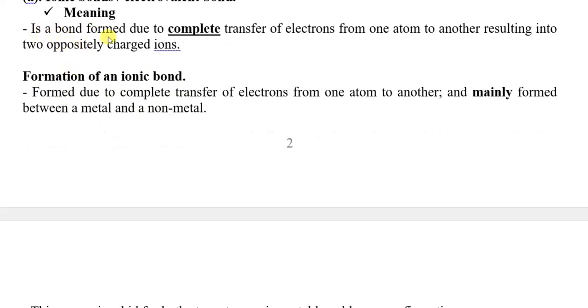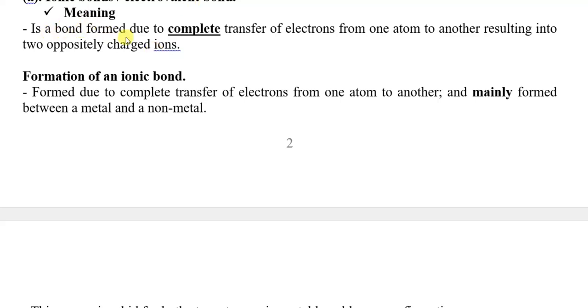It is a bond formed due to complete transfer of electrons from one atom to another, resulting in two oppositely charged ions. One loses electrons and another one gains the same electrons that were lost. So they form a mutual electrostatic force, and they combine and stick to each other.